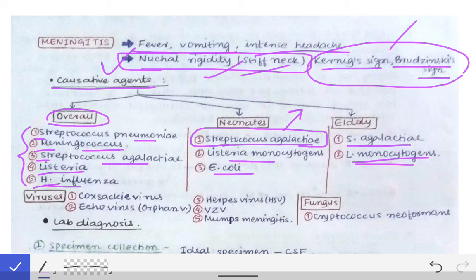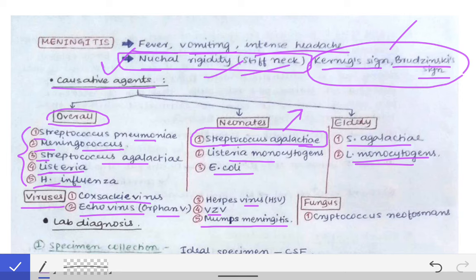Now coming to the viral causative agents. There are many viral causative agents, out of which we have the Coxsackie virus, the echovirus, also called the orphan virus, the herpes virus HSV, the varicella zoster virus, and the mumps virus, which is also found to cause viral meningitis.